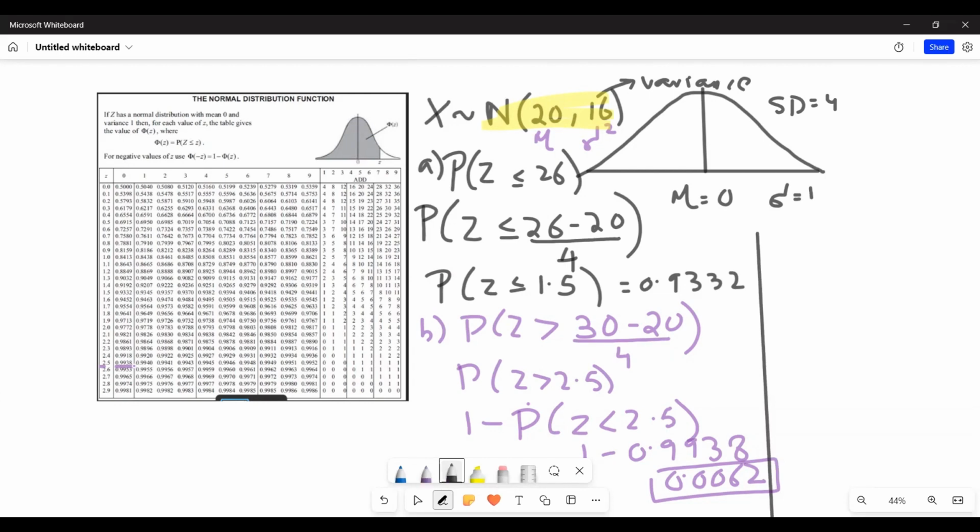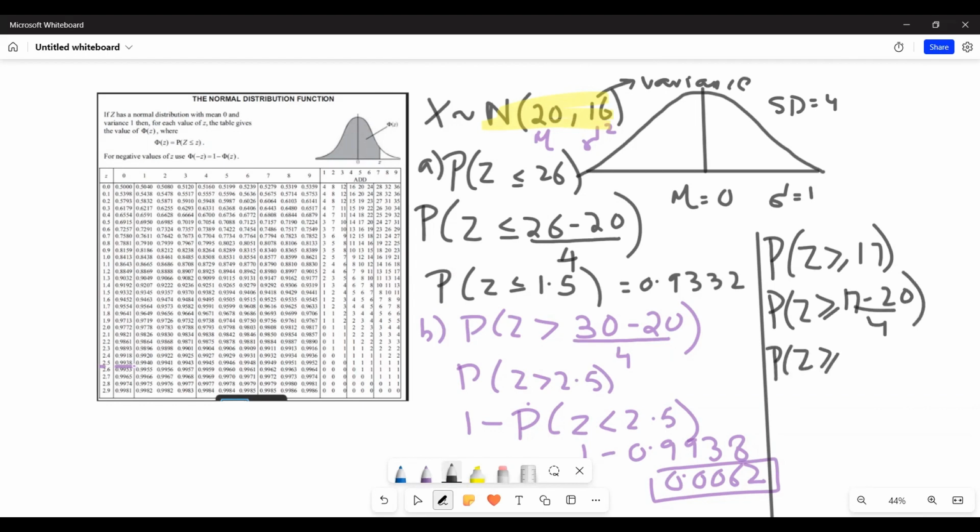Next is probability X is greater than or equal to 17. So that's going to be probability Z is greater than or equal to (17 minus 20) upon 4, which is minus 0.75.